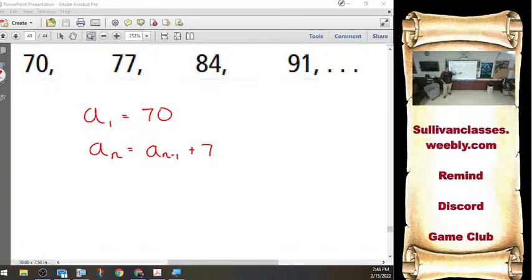So A sub n minus 1 means the term that came right before that. Right? If I said find the 8th term, then 8 minus 1, that says take the 7th term and add 7 to it. Okay, this notation's a little goofy, but this sequence notation is something you'll see off and on again for the next how many years.